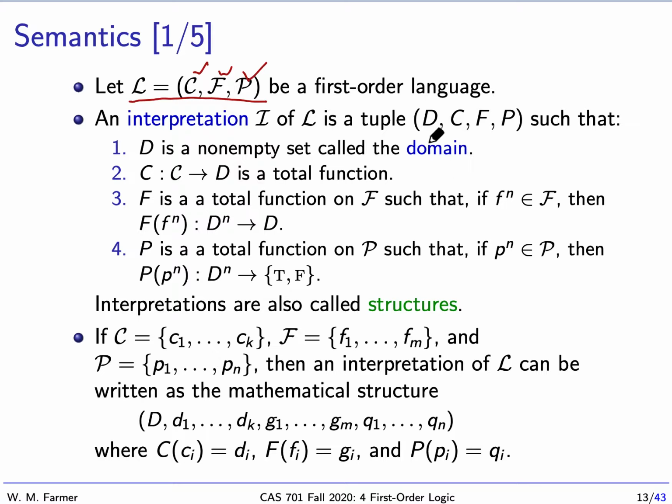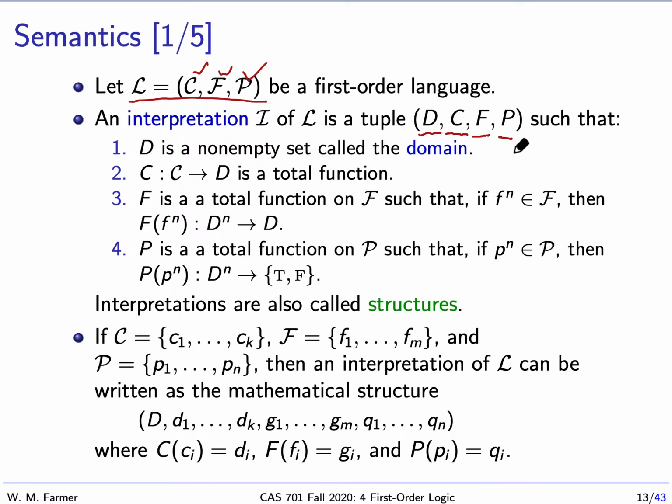And so what we do is we have a domain. This is a set of values that the language is going to be used to talk about. We have a set of values in the domain. These are going to be the interpretations of our constant symbols. We have a set of functions over the domain, and these are going to be the interpretations of our function symbols, and a set of predicates over the domain.